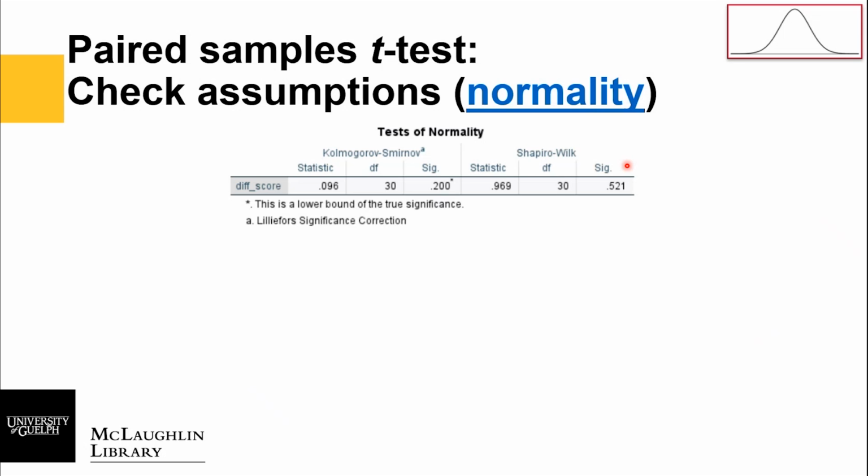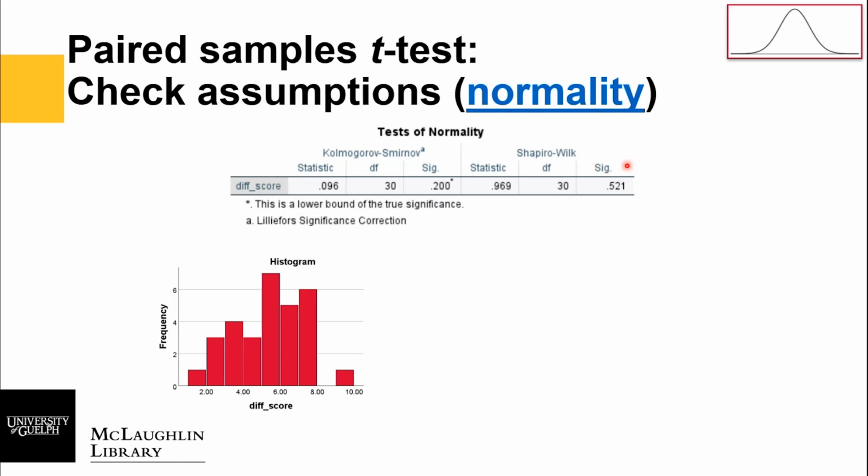Here we can actually see our Shapiro-Wilk statistic. We've passed normality because our p-value is greater than 0.05. So using a statistic, we've passed normality. We can also do visual inspection. If you scroll a little bit lower, you should also see a histogram.